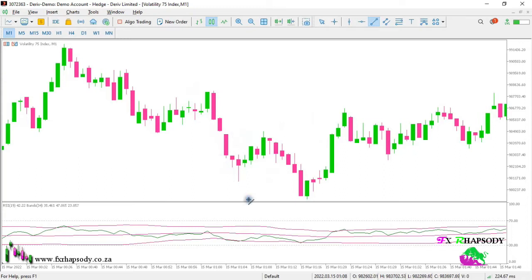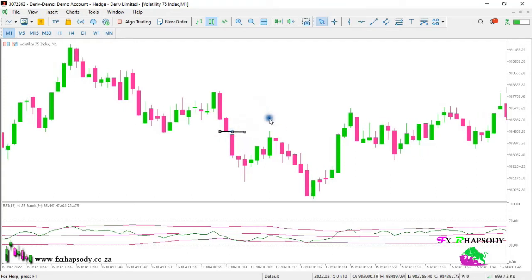By gap, what I mean is if you look at this 1 minute chart over here, I've just expanded a little bit so the candles are nice and big. You can see over here there's a gap between the two candles. Sorry, I'm not such a big fan of MT5 analysis, but just want to see if I can get it.